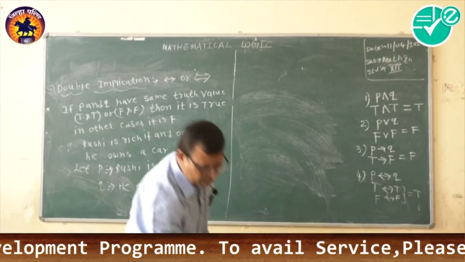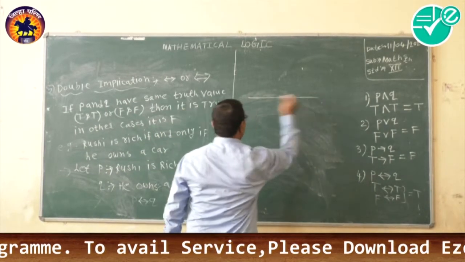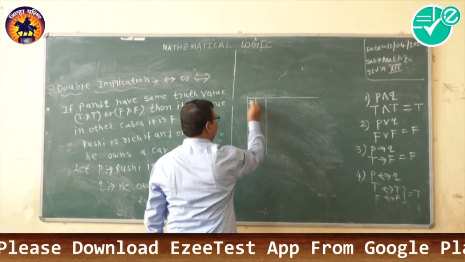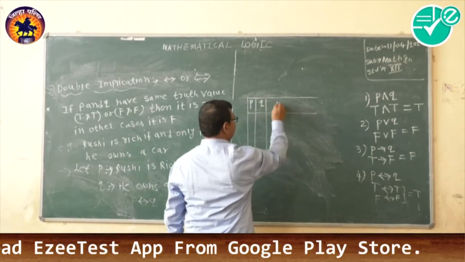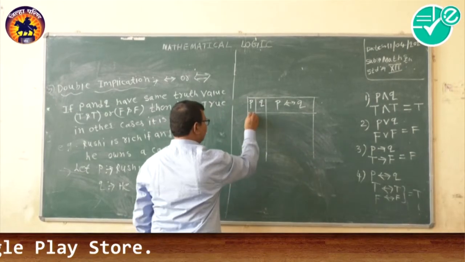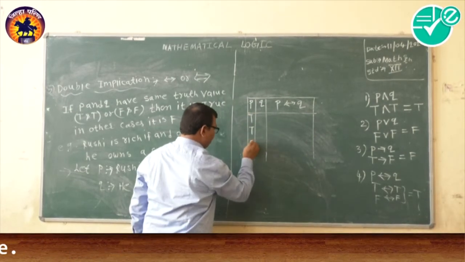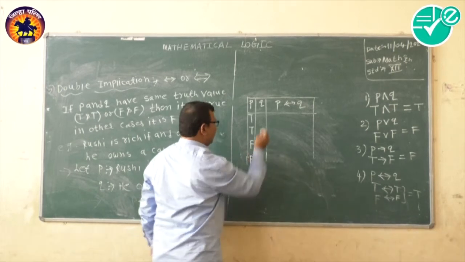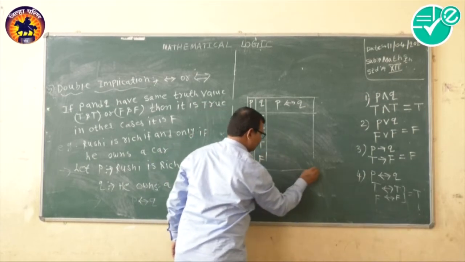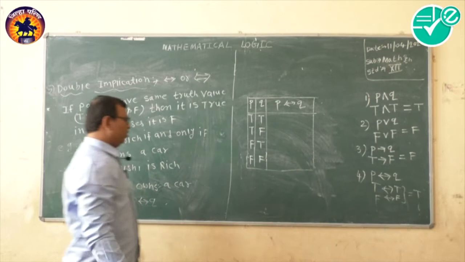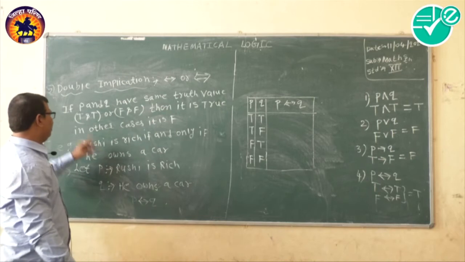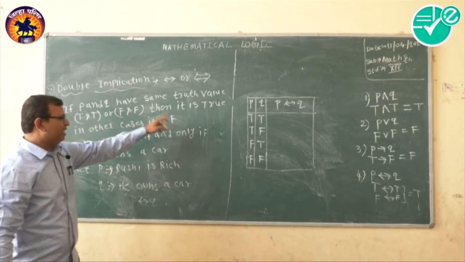Now we are going to see the truth table of this, P, Q, and P double implication Q. First, P is fixed: true, false. Then in Q, true, false. The definition says that if P and Q have the same truth value, TT or FF, then it is true.